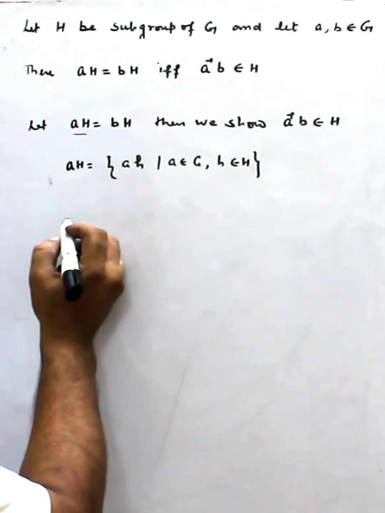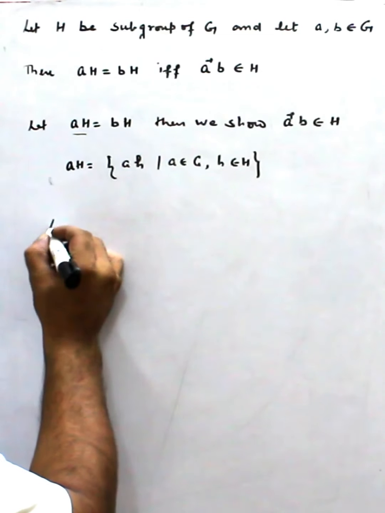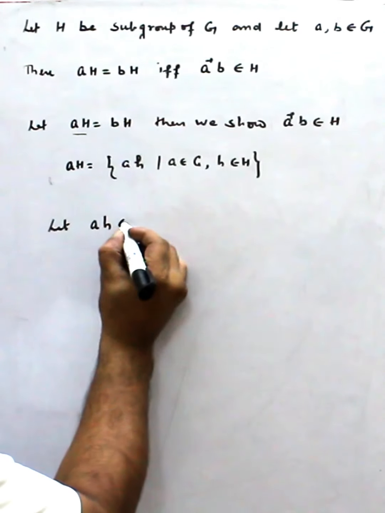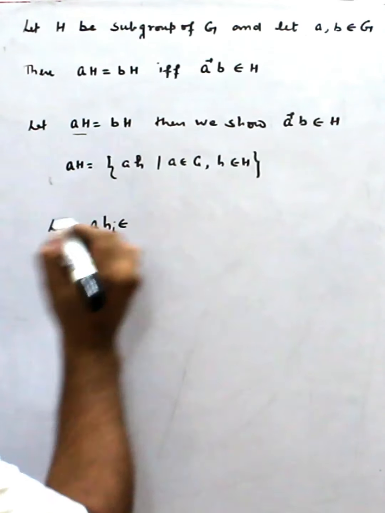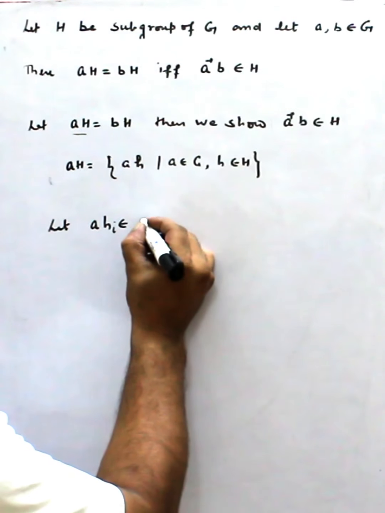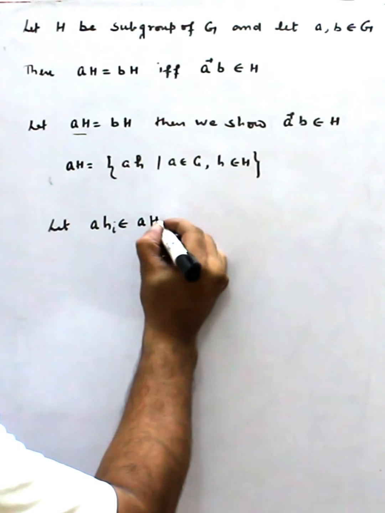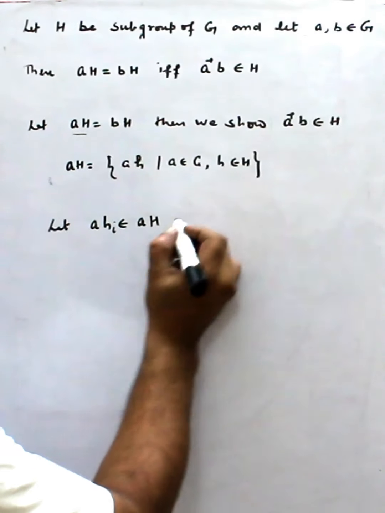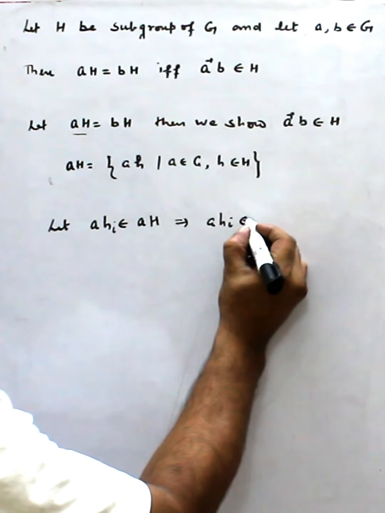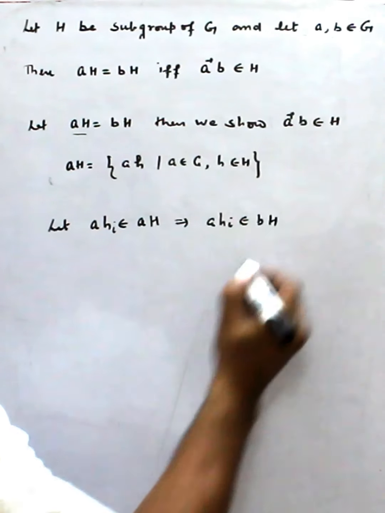So let h_i, any arbitrary element I choose, belong to H; then a h_i belongs to aH, and this means a h_i belongs to bH. Why?